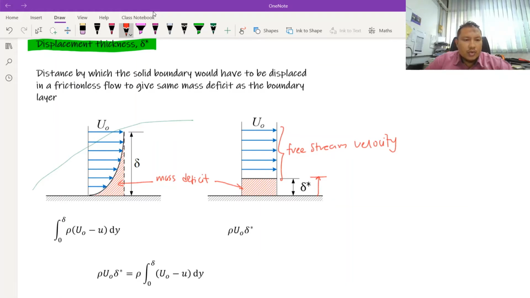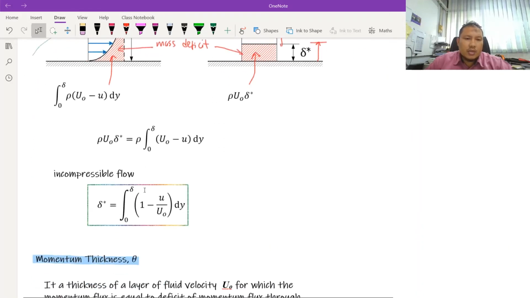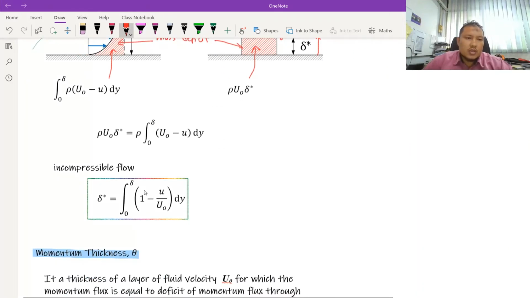So this equation represents the area here, and this equation represents the area here. Because these two areas are the same, we equate them. So rho u naught delta star equals rho integrated from 0 to delta of u naught minus u dy.